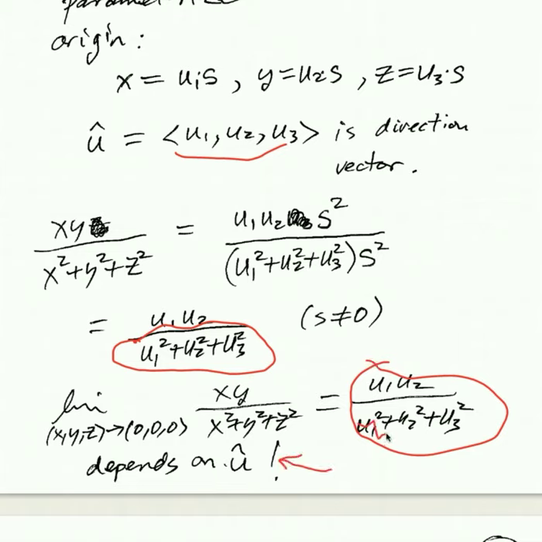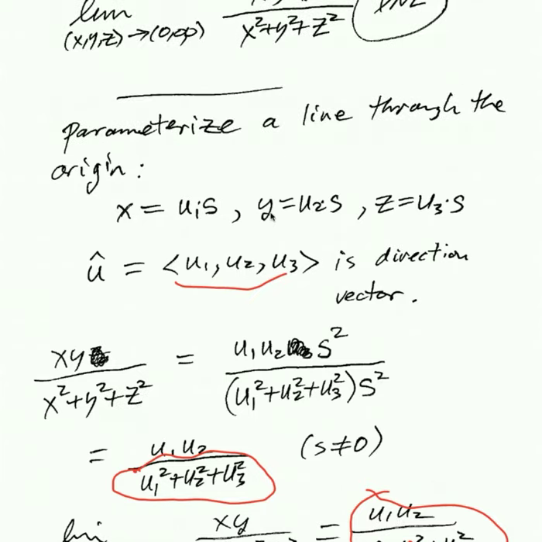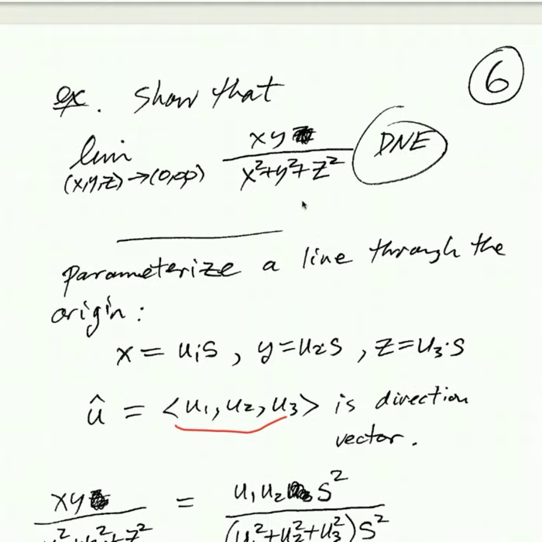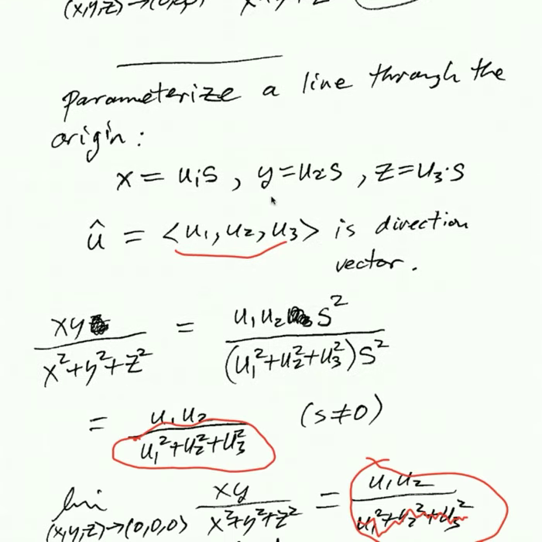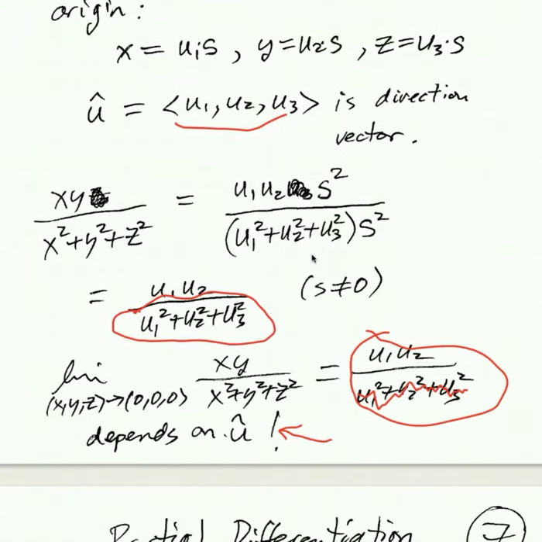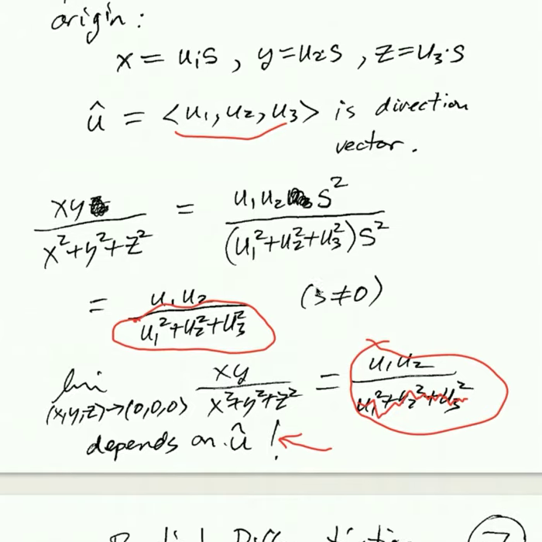It's really just u1 u2. This depends on which direction you're approaching the origin, the value of this thing in the limit. So the limit does not exist, so there's D and E.